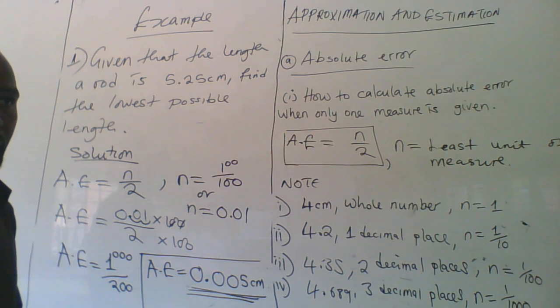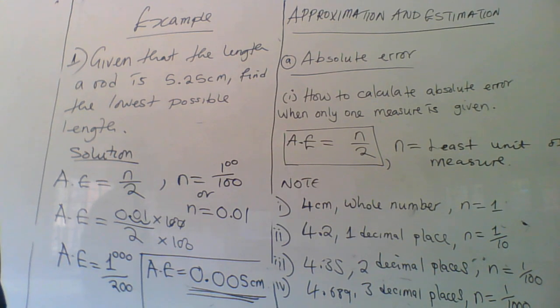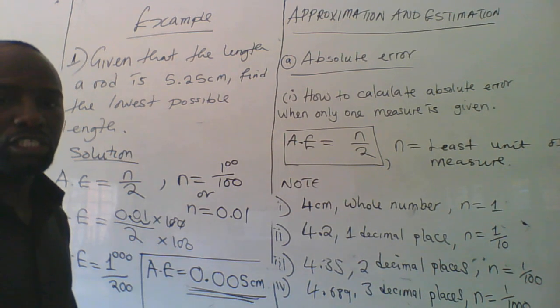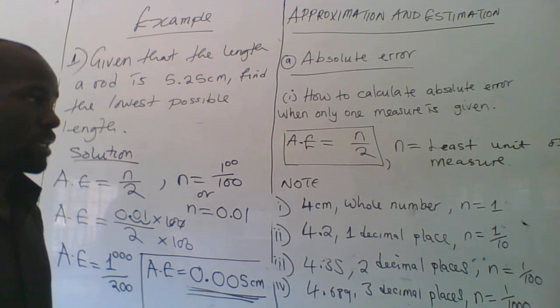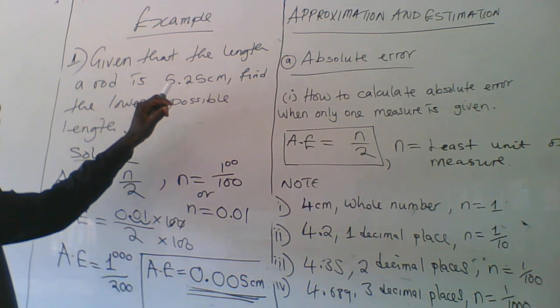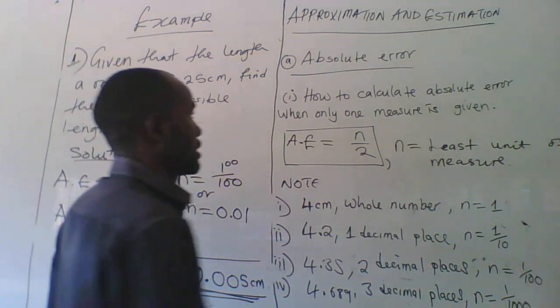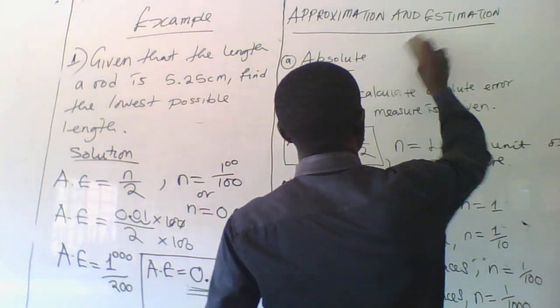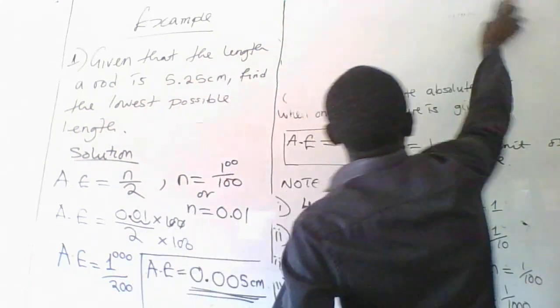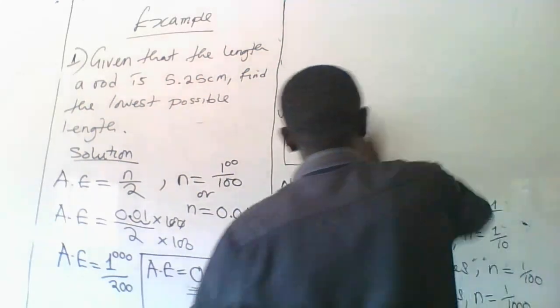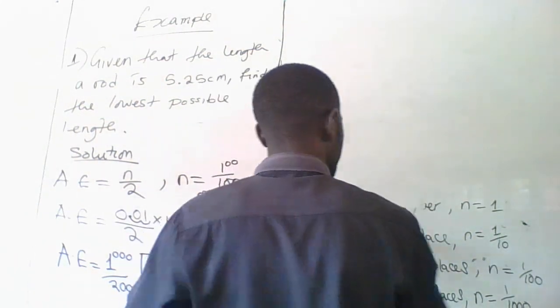Now, after finding the absolute error, we have to proceed and find the lower limit, because in our question we are being asked to find the lowest possible length. So I will erase this side and find the lower limit now.